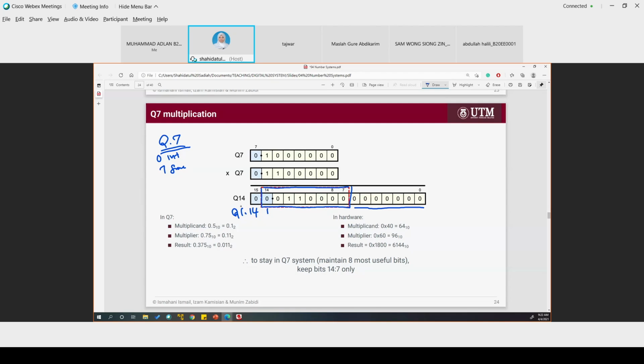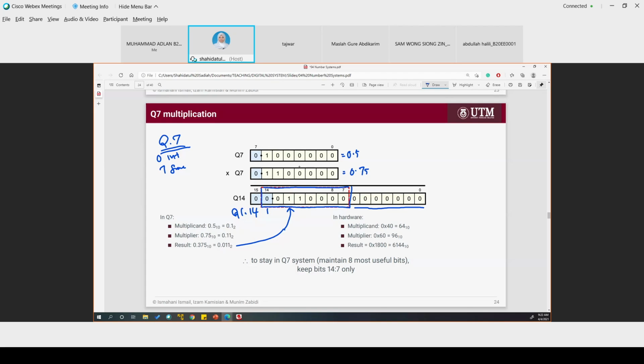In this example, the multiplicand is 0.5, equal to 0.5 in decimal, and we want to multiply with the multiplier 0.75. The result you will get is 0.375, which is 0.011 and then 000.